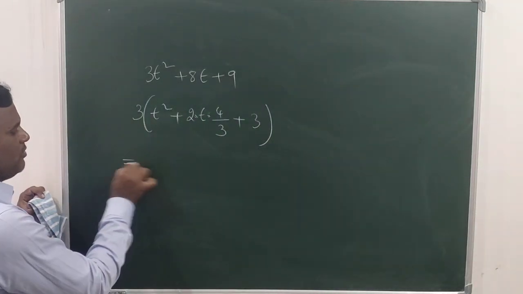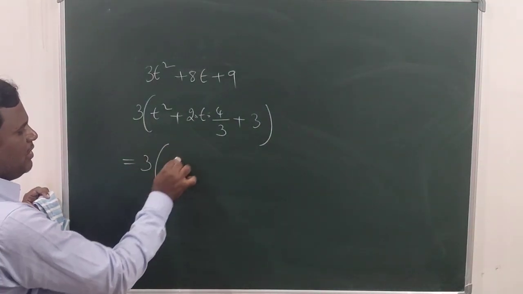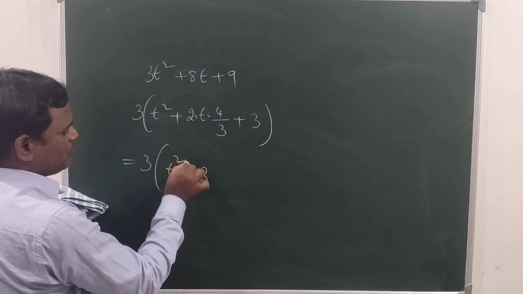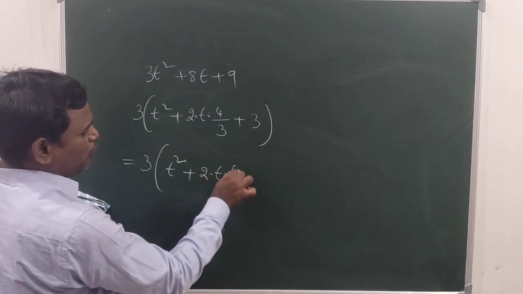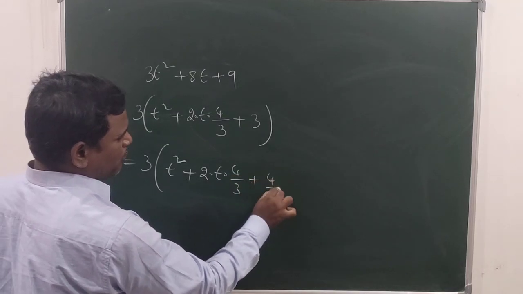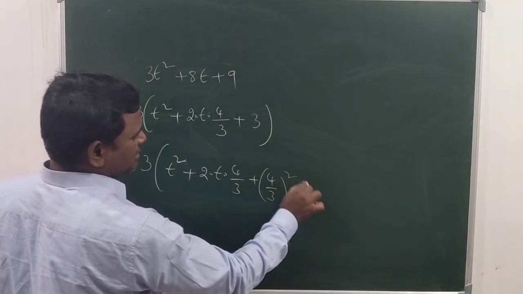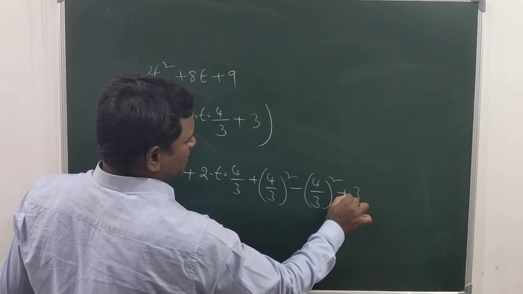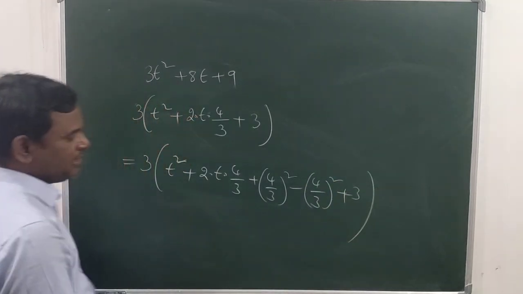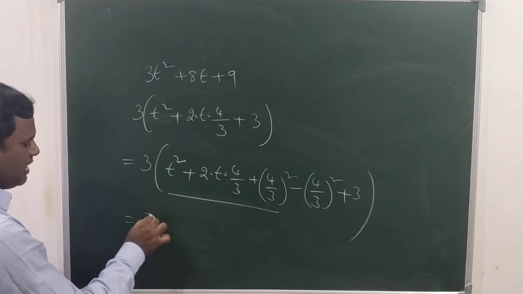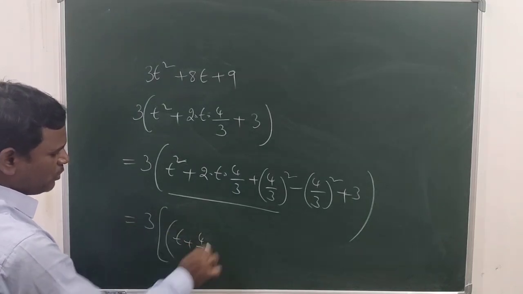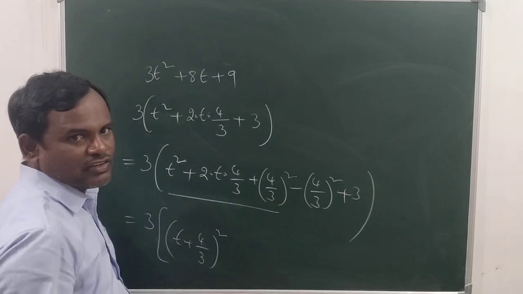See, 3 times t square plus 2 into t into 4 by 3 plus 4 by 3 whole square addition, minus 4 by 3 whole square subtraction. In the next step I am going to write this one as t plus 4 by 3 whole square, add this one.